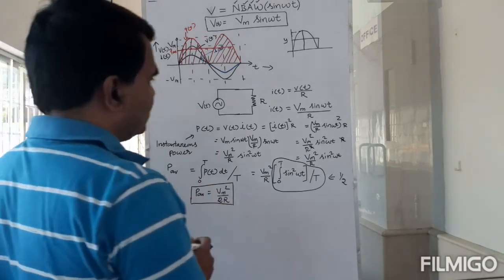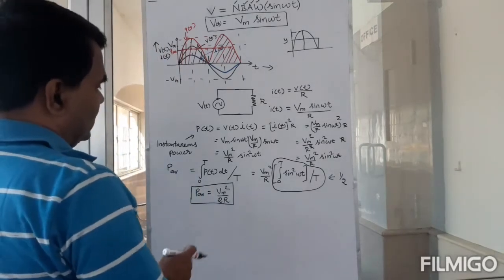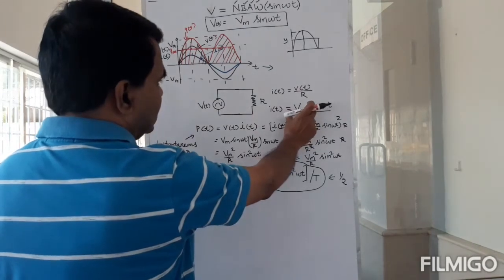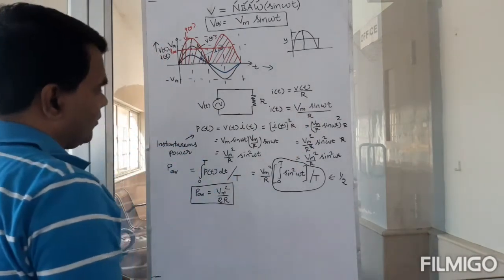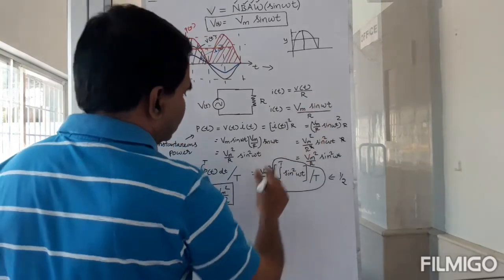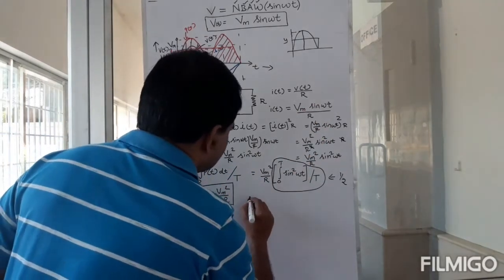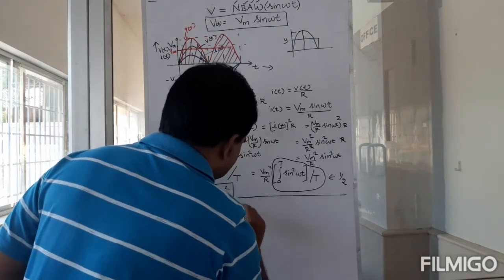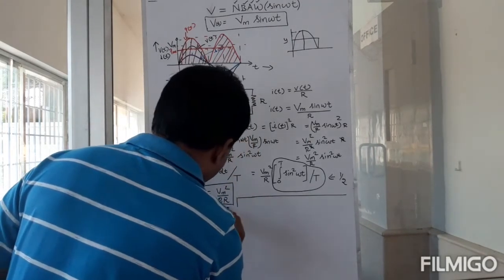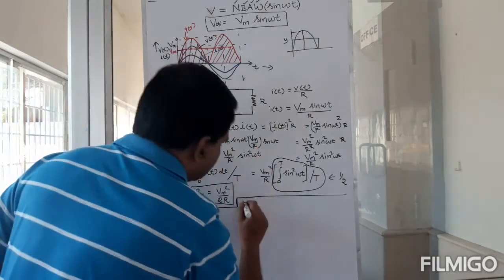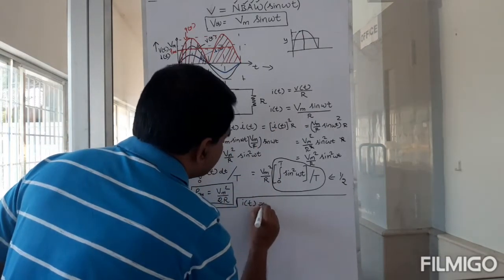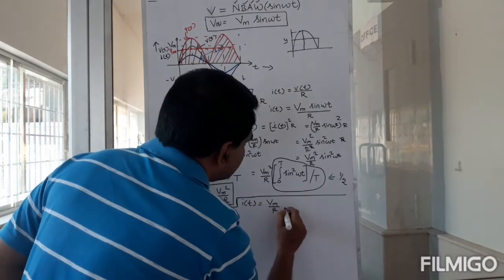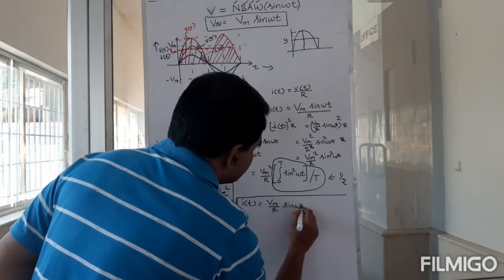Let me take this: i of t is given by Vm by R into sine omega t.